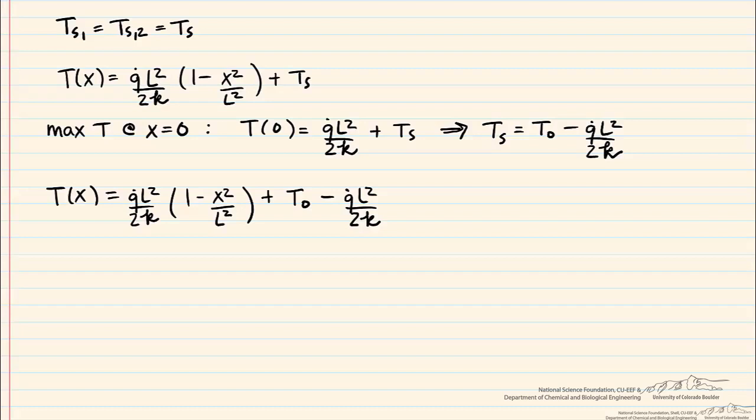And so what this again simplifies to is that T of x minus T0 equals q dot L squared over 2k times minus x squared over L squared.